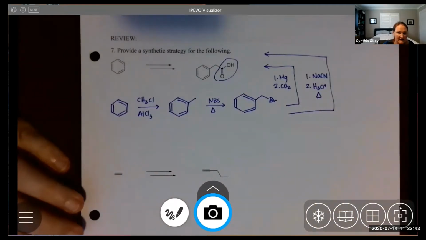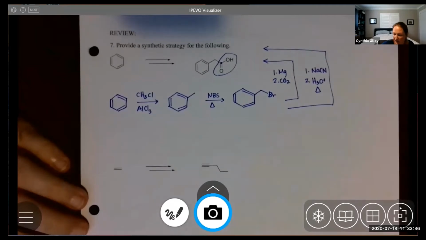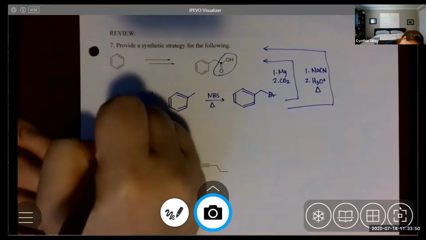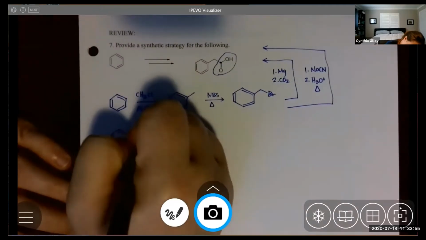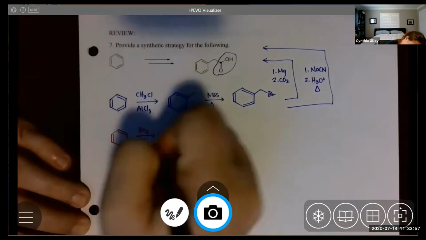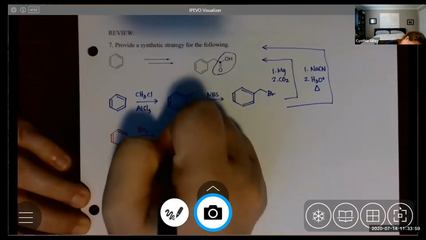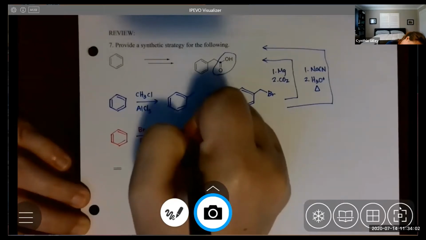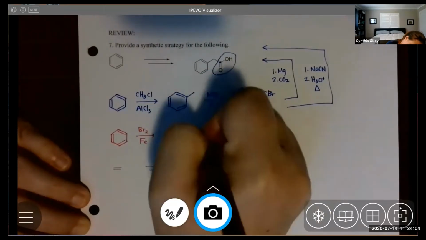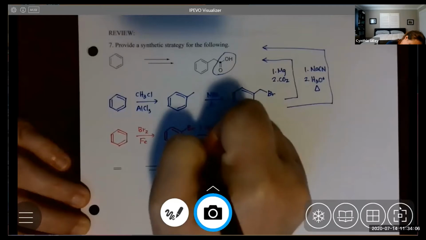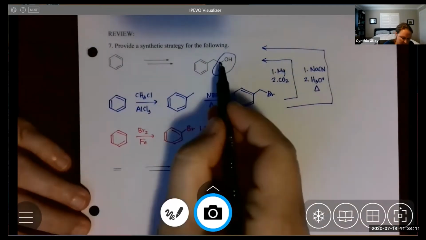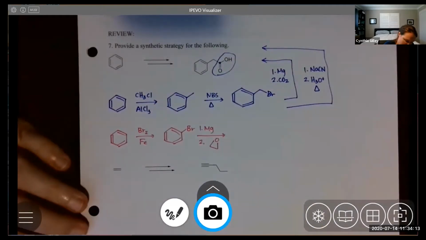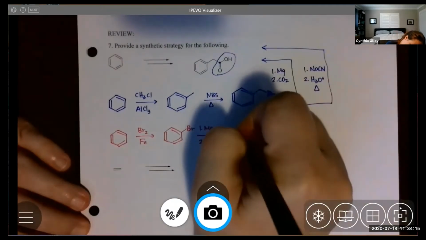So that is your alternative pathway to the key, which I believe thought about adding a bromine instead of a methyl. And then using a Grignard reaction, he utilized an epoxide in order to get a functional group an additional carbon away from the ring.